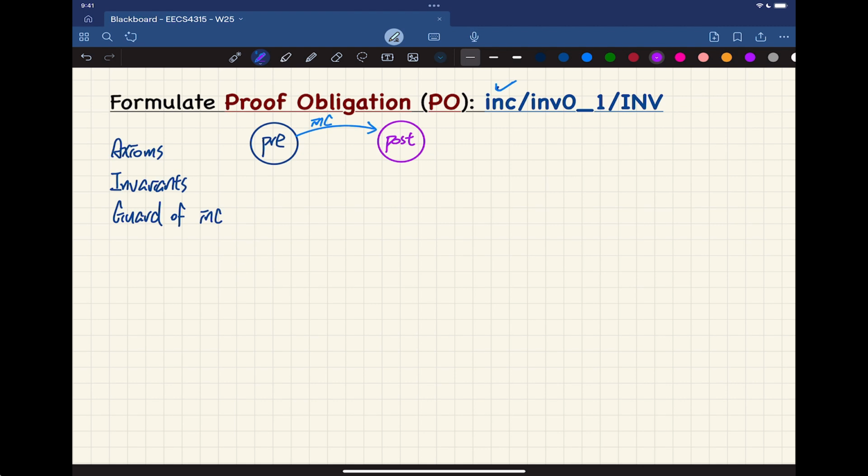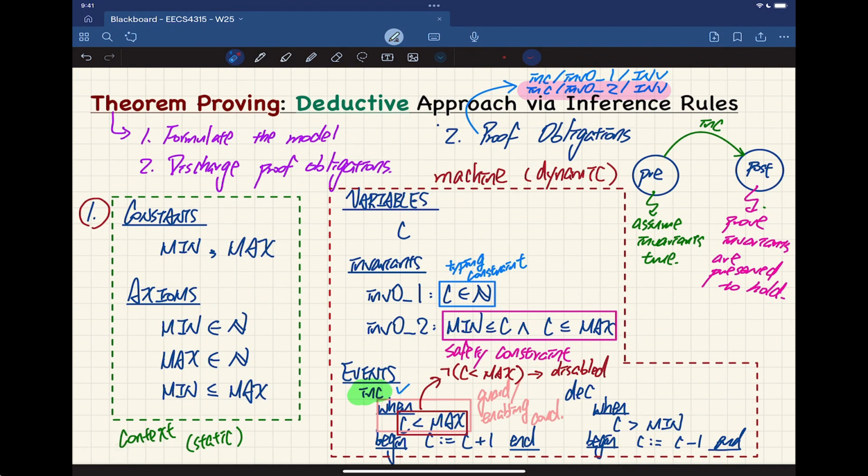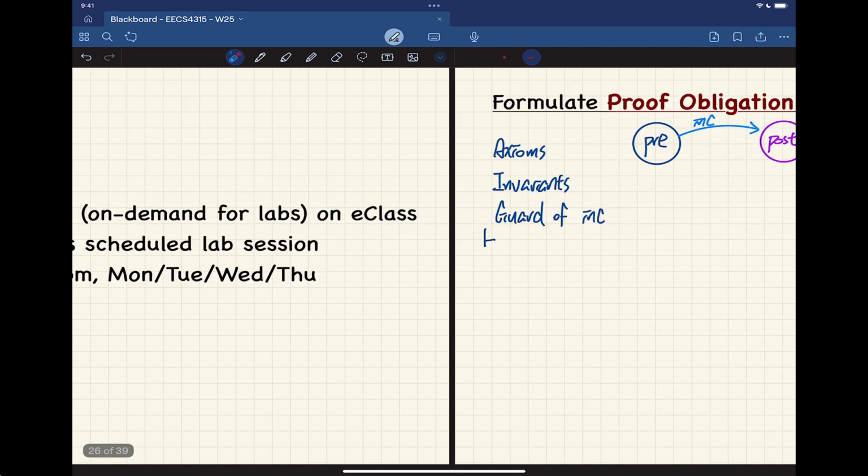All right, so now let's say after this, we want to make sure informally the post states. Oh, how about this? Let me just say it a little bit better. Since we are trying to say invariant 0, 1, which is this one specifically, C should be somehow bounded by the minimum and the maximum. Right? That's the invariant. We want to say that invariant specifically should be maintained.